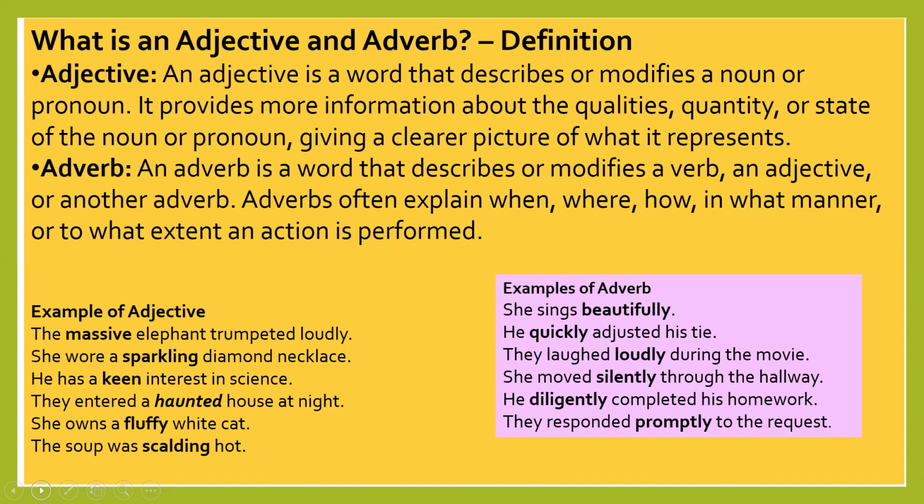Beautifully modifies the verb sings, quickly modifies adjusted, loudly modifies the verb laughed, silently modifies moved, diligently modifies completed, promptly modifies responded. So you have looked at all the examples. Sometimes the adverb comes before the verb and sometimes after the verb.